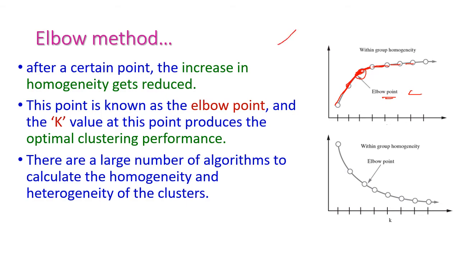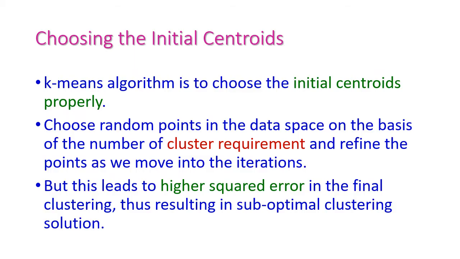See, this will go like this, and when decreasing, this will come like this. And there are a large number of algorithms to calculate the homogeneity and heterogeneity of the clusters. Many other algorithms are also there to find the elbow point, that is, the homogeneity and heterogeneity of the cluster. Choosing the initial centroids.